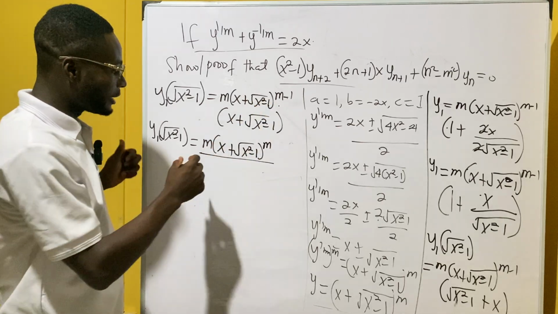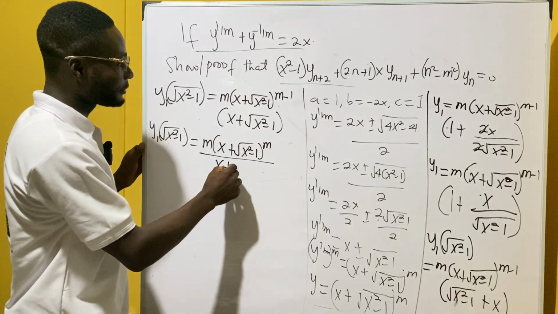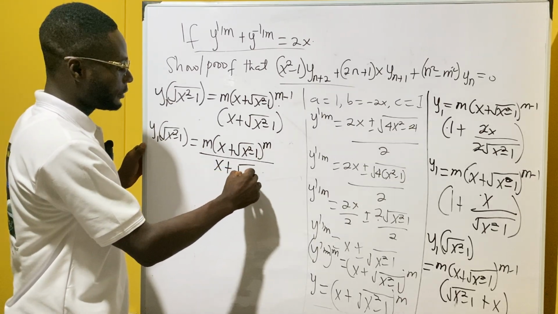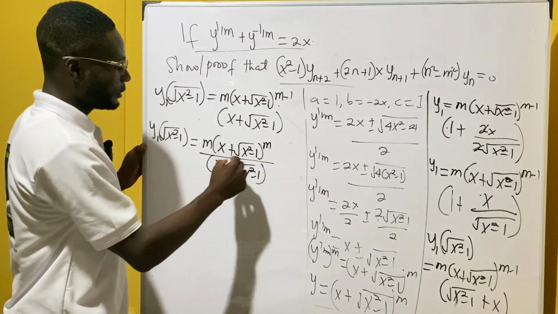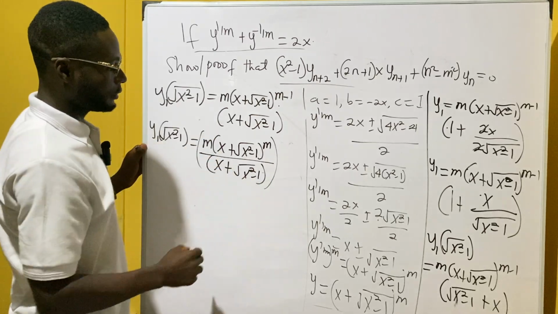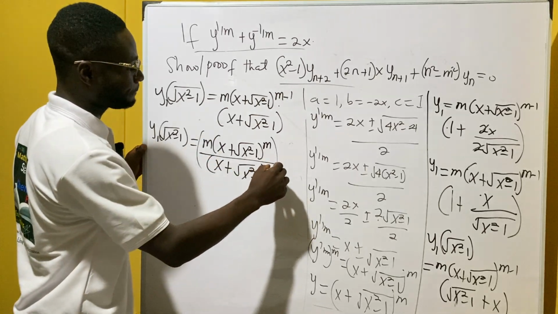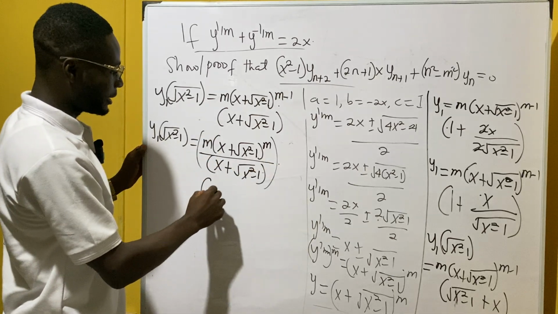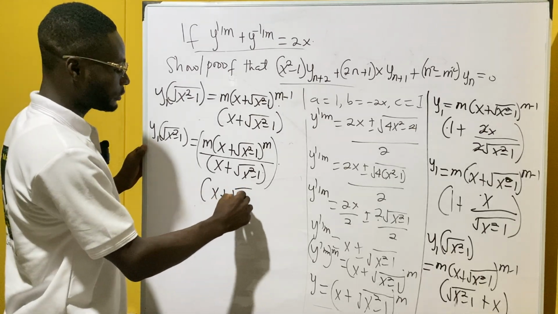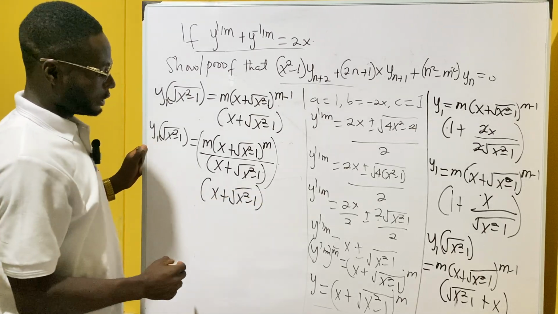This same thing again, right? Multiplied by x plus square root of x squared minus 1 right here.